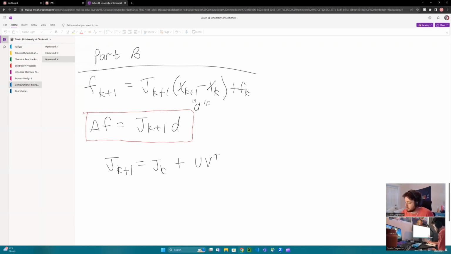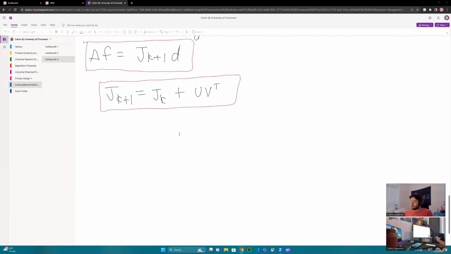So we're going to use these two equations as previously derived in this part. Okay, so our current goal is going to be to minimize J of k plus 1 minus J of k. This is going to be our goal.